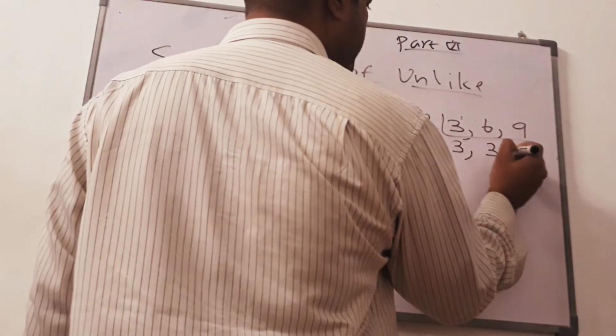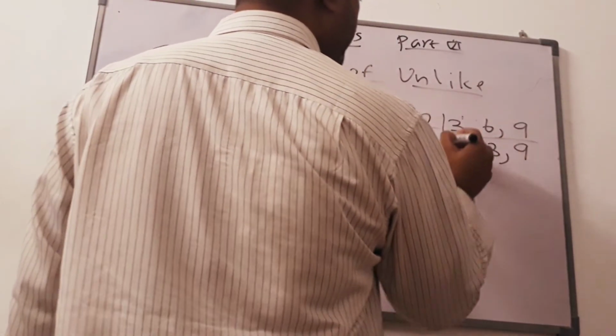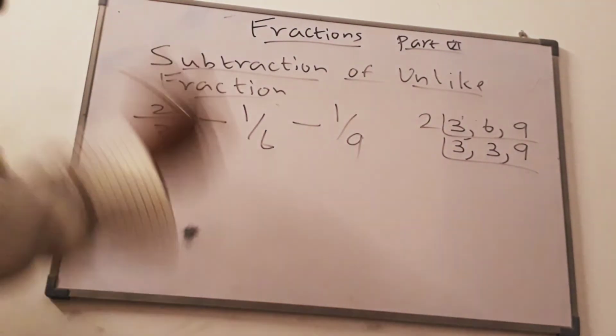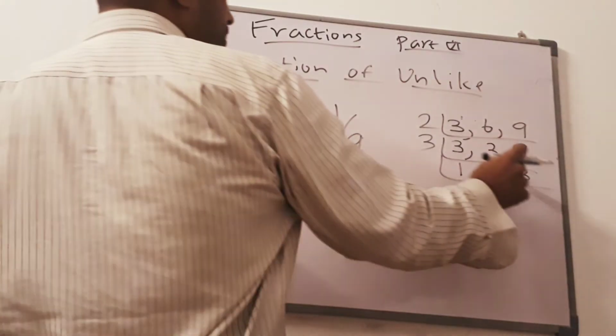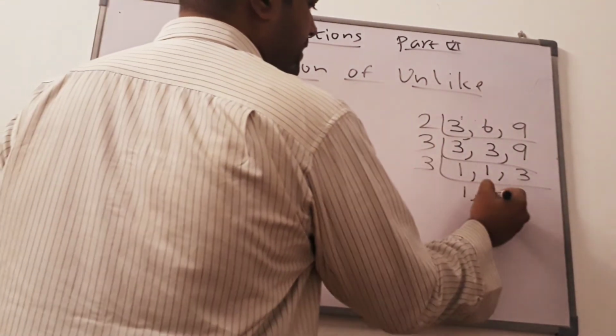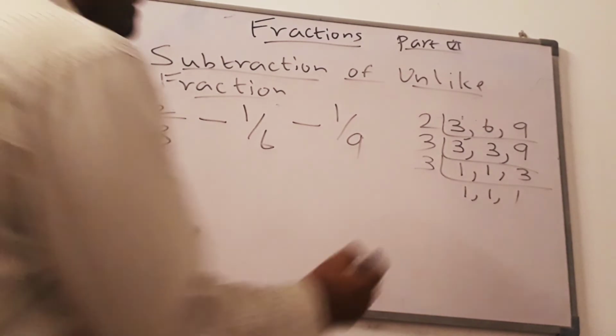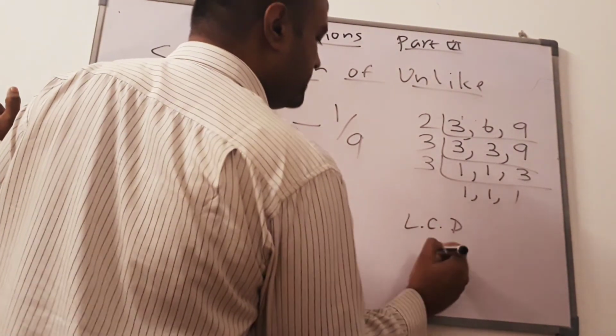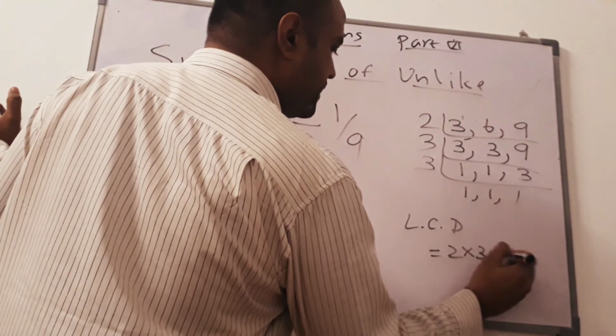First we can divide by 2 because 6 is divisible by 2. 3, 3 and 9. Now 2 3s are there, 1 9 is there. We can divide by 3: 1, 1 and 3. Again we can divide by 3. Why? Because 3 is only divisible by 3. 1, 1, 1. So here the least common denominator is 2 times 3 times 3.